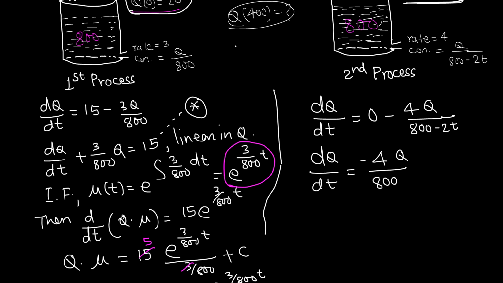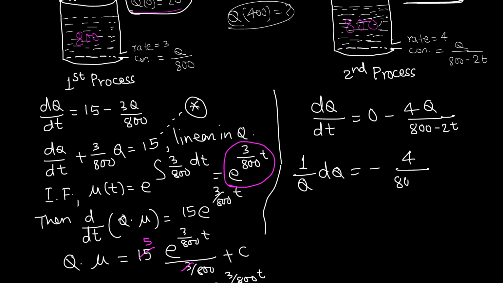I'm just rewriting. So let me separate the variables here. This Q goes to the left side, 1 over Q dQ equals, move this dt over, negative 4 over 800 minus 2t dt.